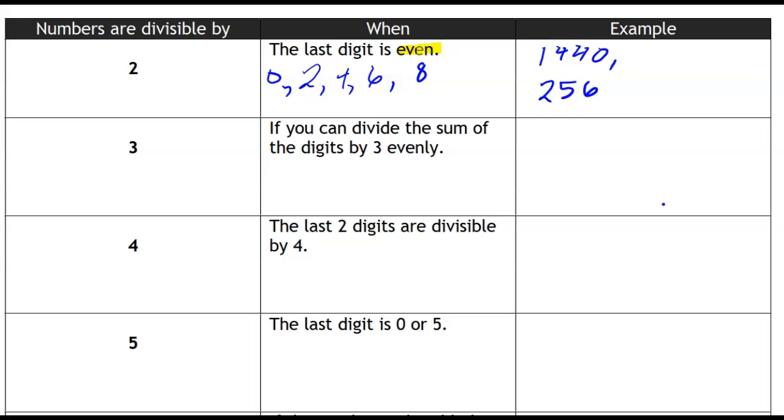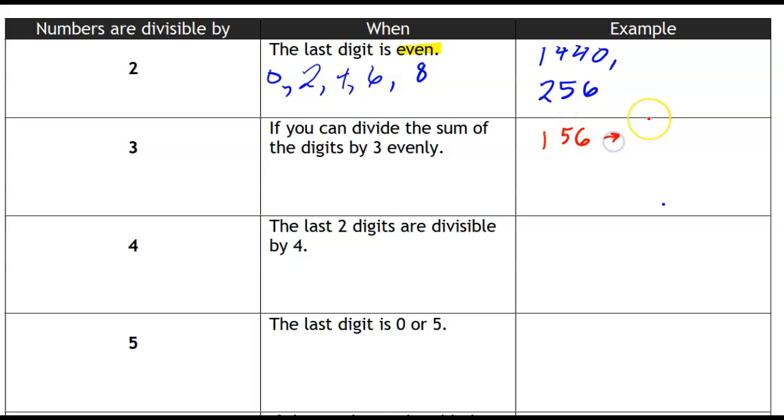For 3, you have to add up the numbers. If you add the digits up and you can divide that by 3, then the whole thing is divisible by 3. So let's look at an example, 156.